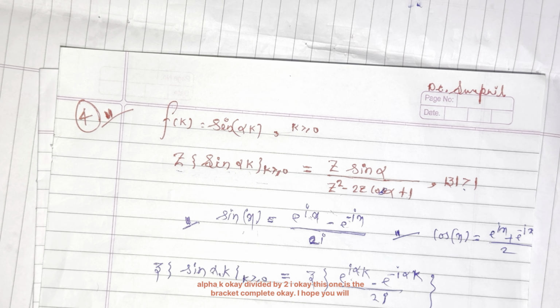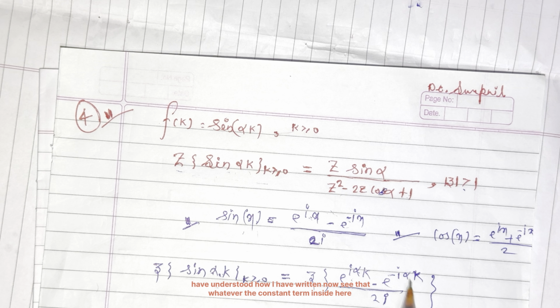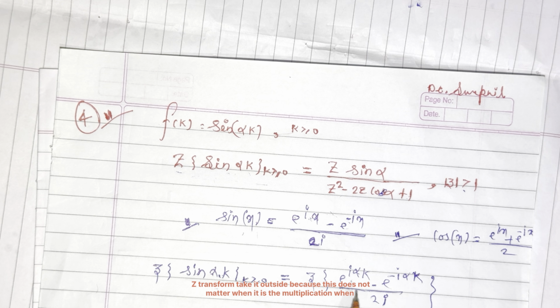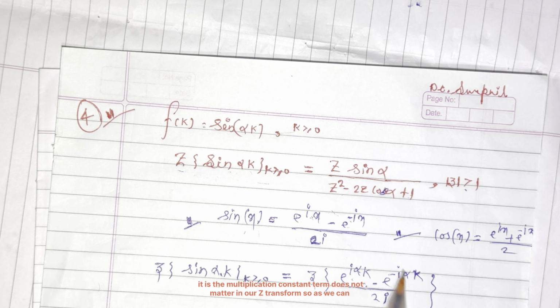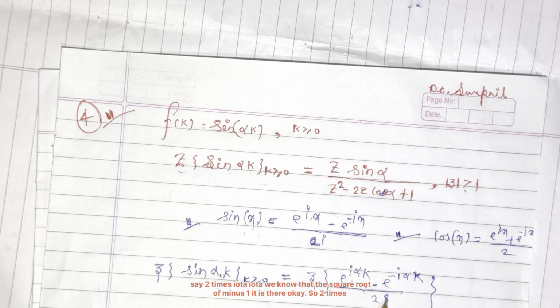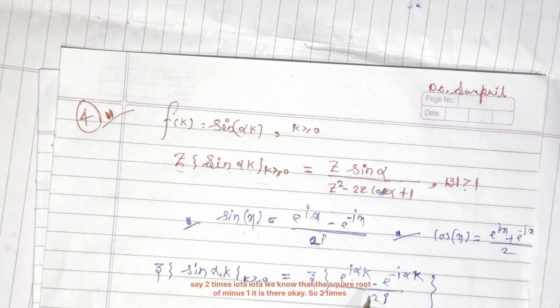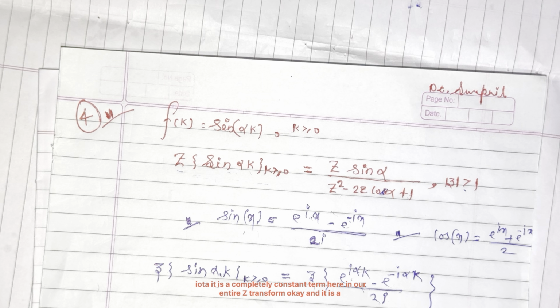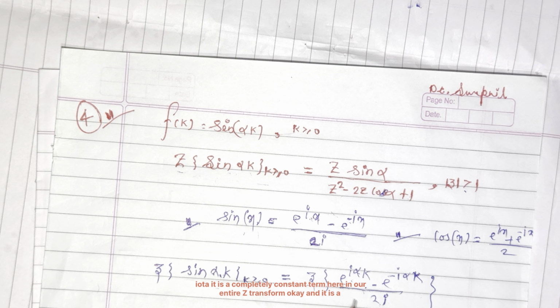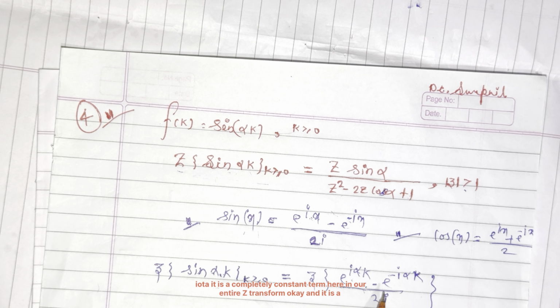The bracket is complete. I hope you have all understood how I have written this. Now, whatever constant term is inside the Z transform, take it outside, because a constant multiplier doesn't matter in the Z transform. As we know, i is the square root of minus 1, so 2i is completely a constant term here, and it is a multiplicand.